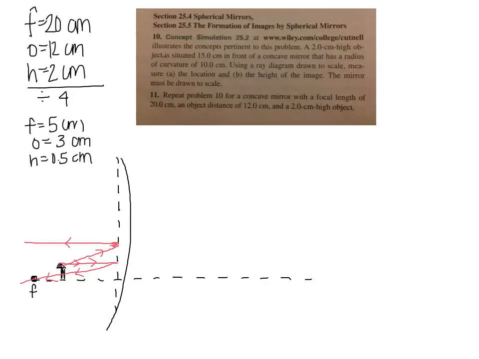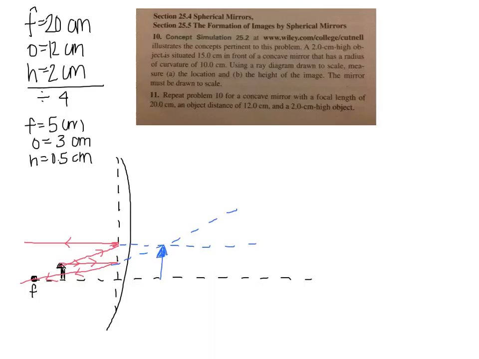So this first ray, we extend it back, and then sure enough, this horizontal ray, we extend. Sorry for the rough depiction. And then voila, there's our image, the point where the lines intersect to the horizontal.